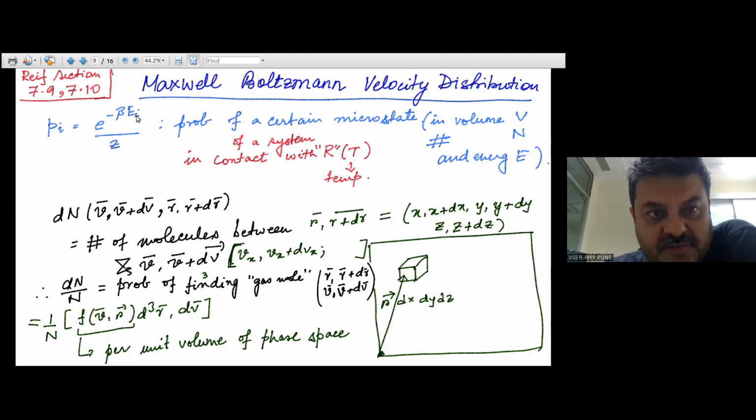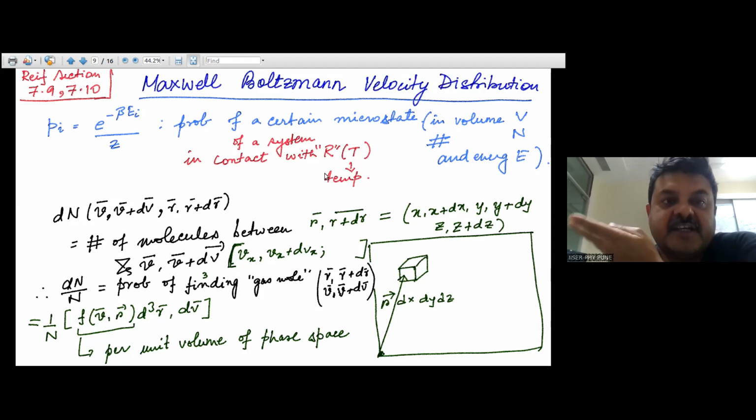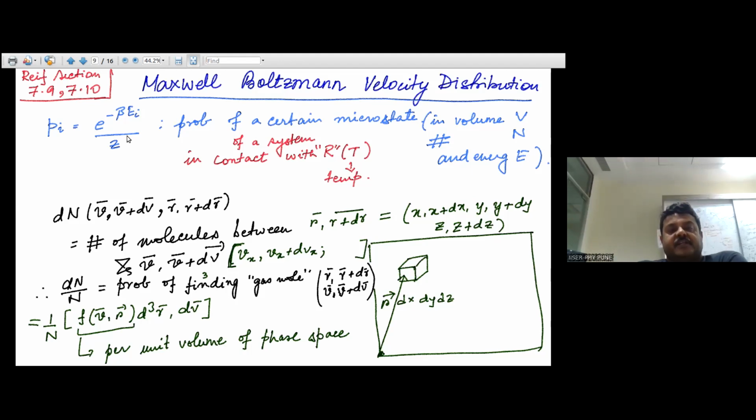So here it should be i, of a particular microstate i. Now this is a microstate of a system in contact with a reservoir at temperature T, right? So the energy can fluctuate. Ei is not fixed. Different microstates can have different energy. What is specified is beta, the value of temperature. Beta is 1 by kBT.